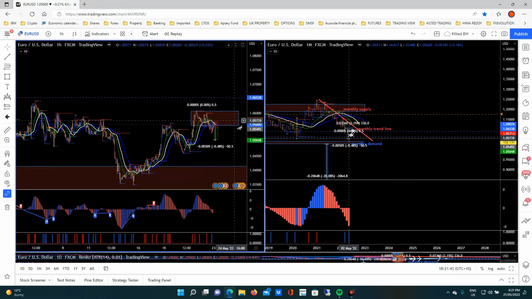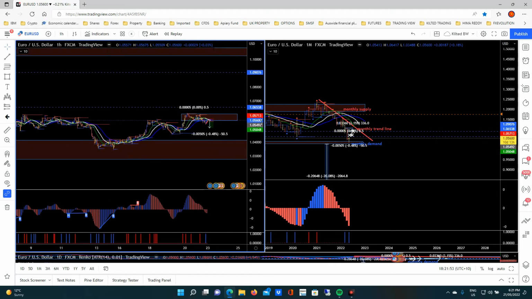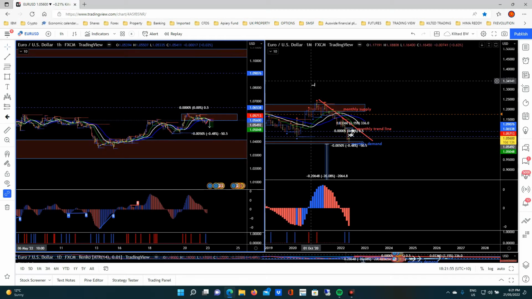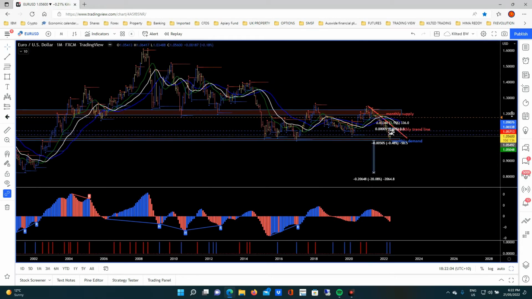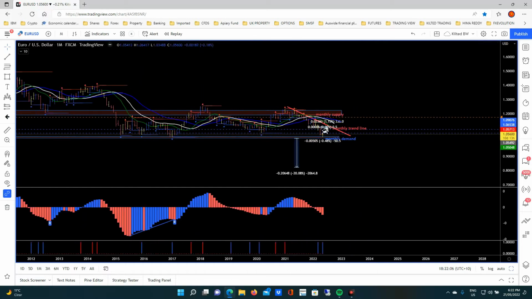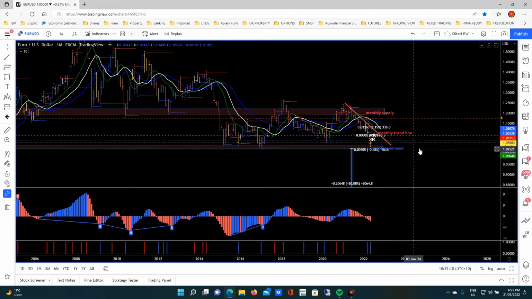But look, I'm fancying this down move here, either to tap into this level to go long, or indeed, if we go back to the monthly, it's a little bit scary actually. We've got a double top.